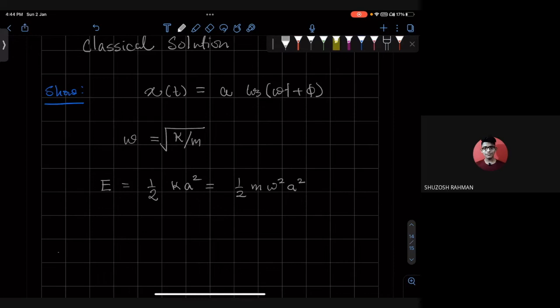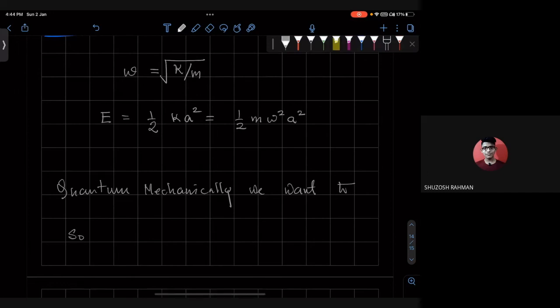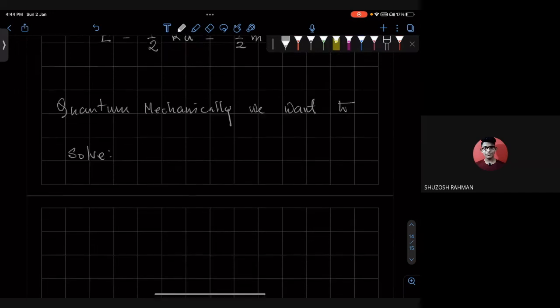So quantum mechanically, we want to solve this equation, H psi equals E psi.